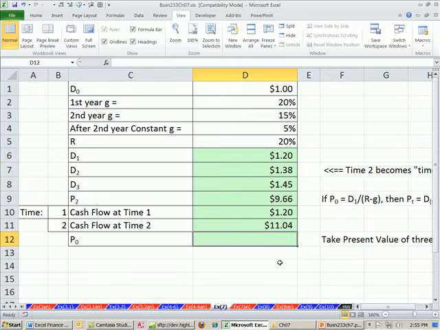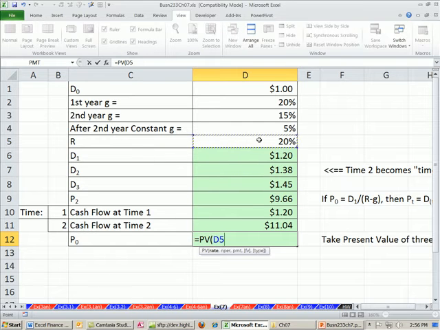So now we can take two present values. And we could do this a few different ways. I'm going to do it this way. I'm going to say the present value, the rate, NPER. I don't have a 1 here anywhere.